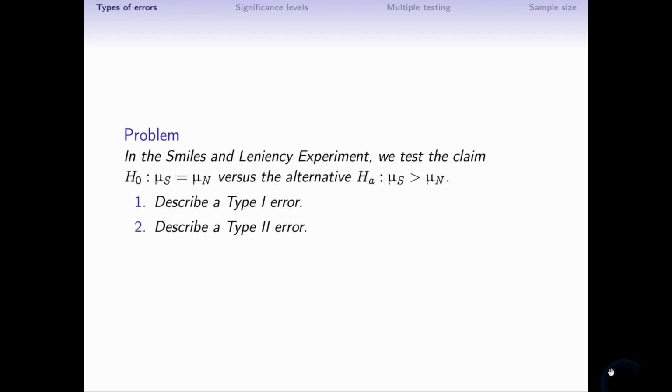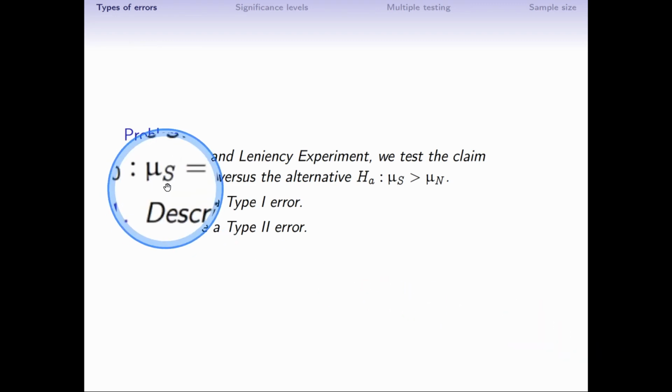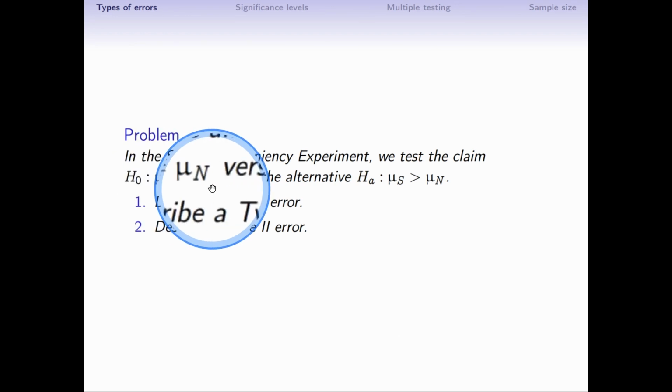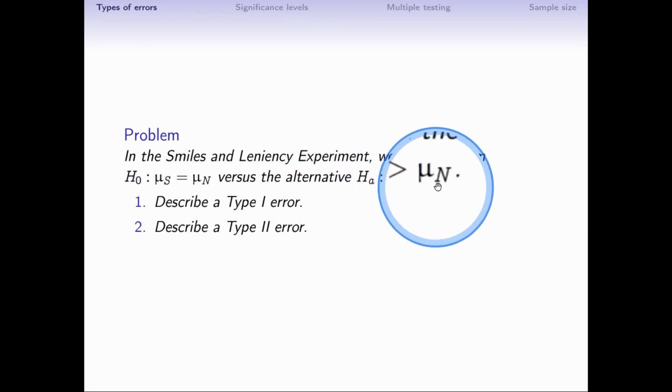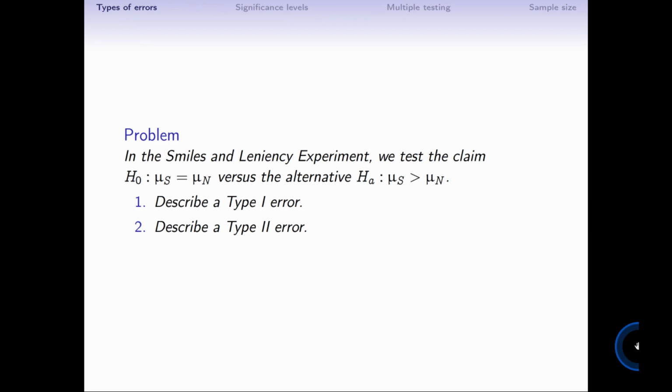Okay, so the null hypothesis is going to be that, in fact, these means are no different from each other. The means are the same, and the alternative hypothesis is going to be that the mean for smiling is greater than the mean for a neutral expression. In other words, it is better to smile than to have a neutral expression. You'll get a more lenient punishment.